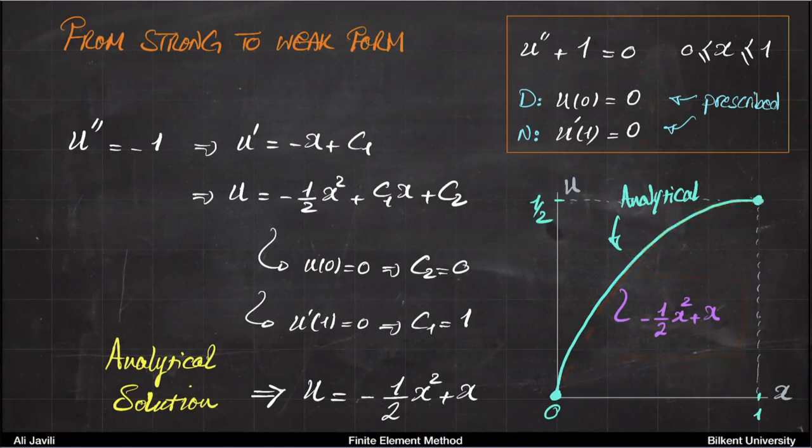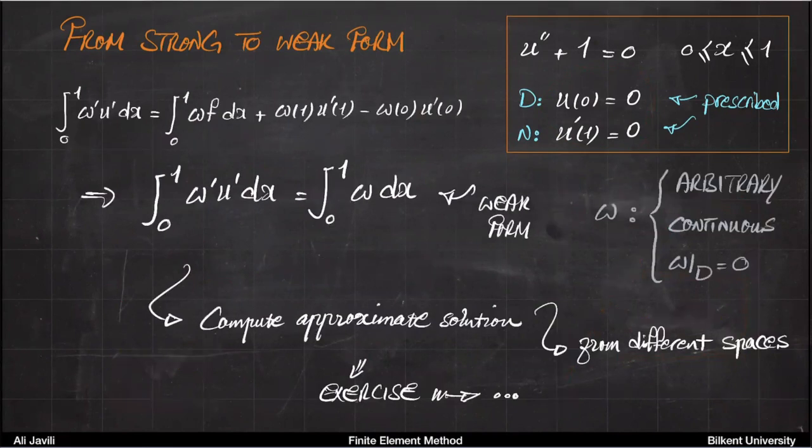And what we want to do next is to start from the weak form. And if you use the boundary condition, this would be your weak form. So this is basically your shorter weak form, or reduced weak form. And we want to compute an approximate solution. This is the exercise we want to do.